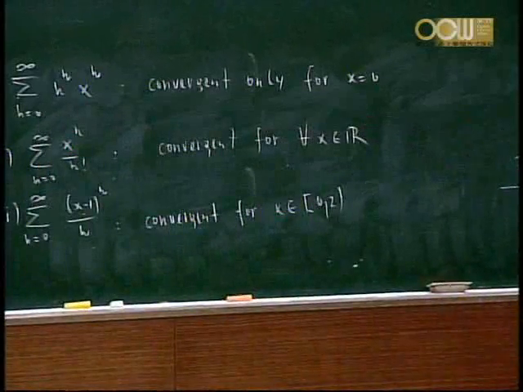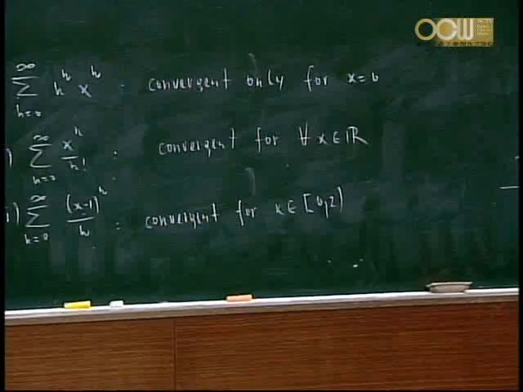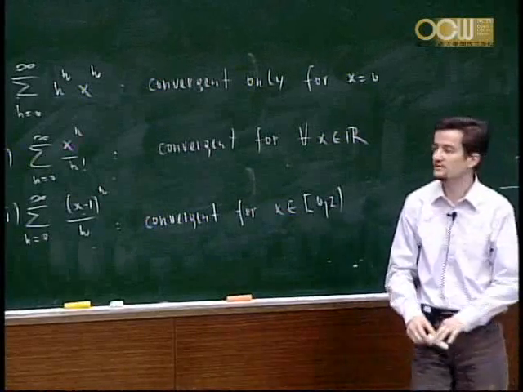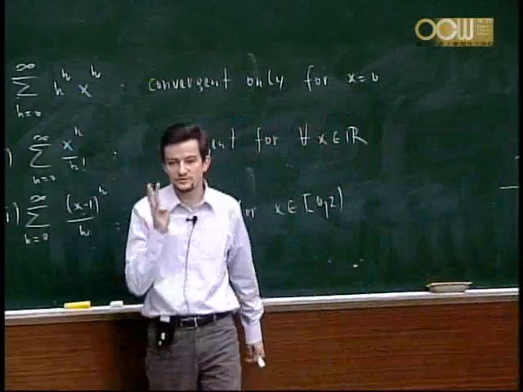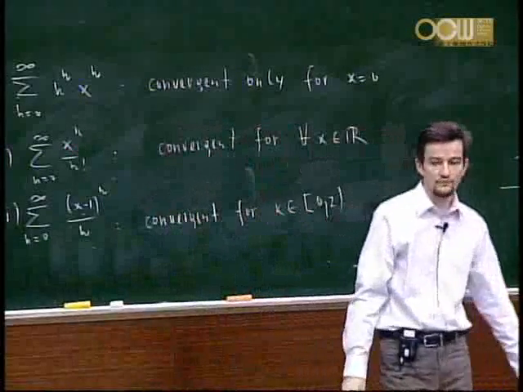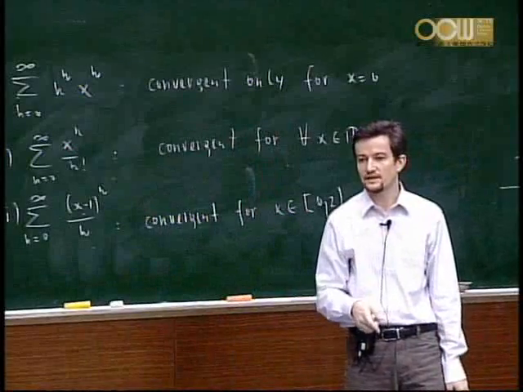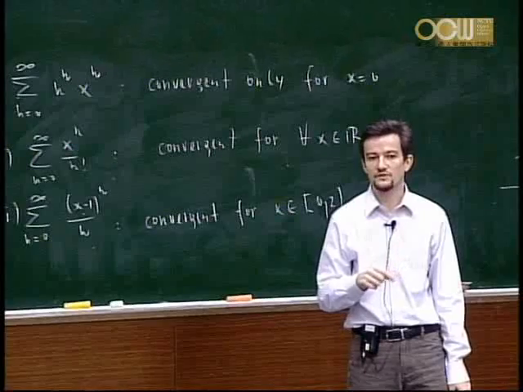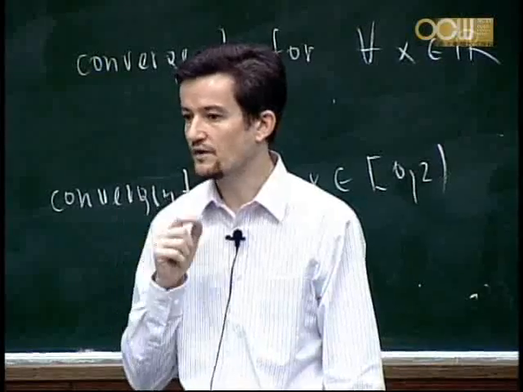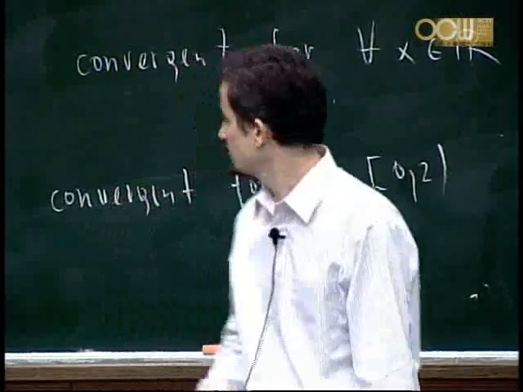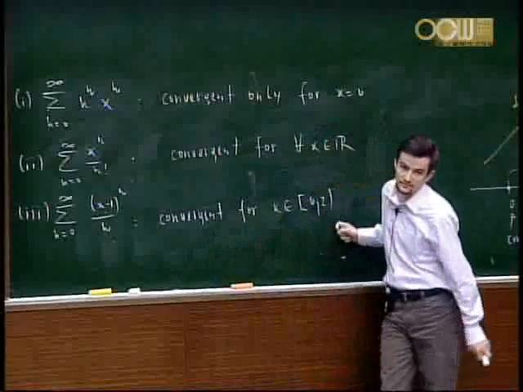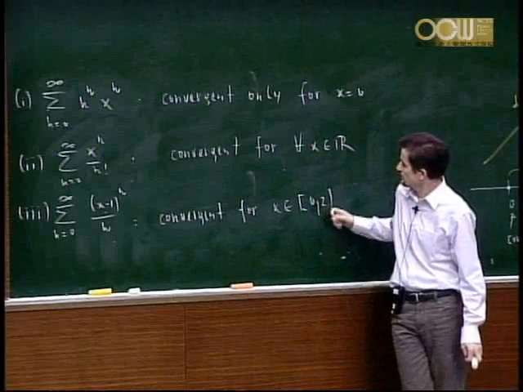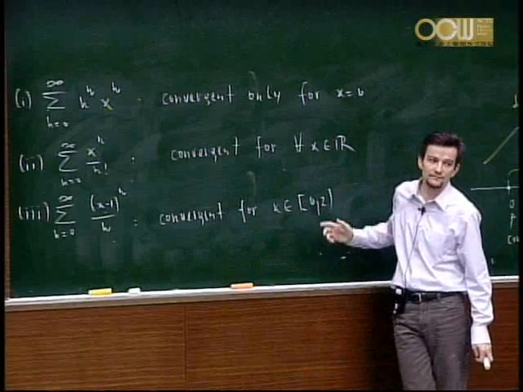Now, our next theorem tells us essentially these are all cases. If you have a power series, then there are essentially 3 cases. The power series is convergent only at x is equal to a, so at the point at which the power series is centered, or the power series is convergent for all x, or if both is not the case, then the power series is convergent on such an interval, which is either open or closed or half open.